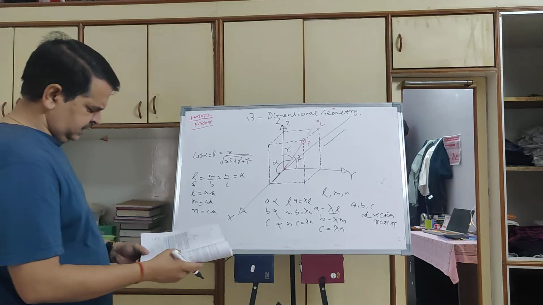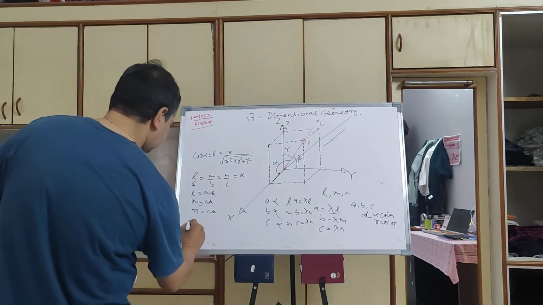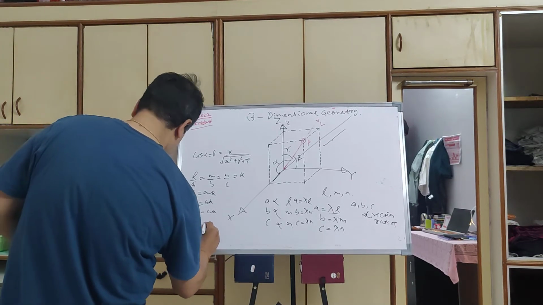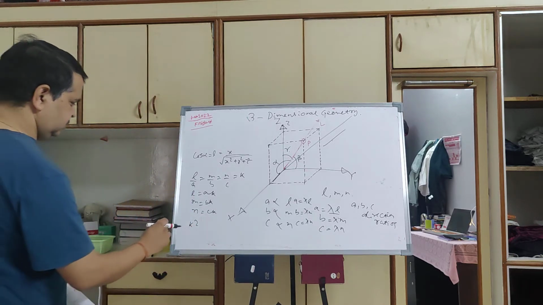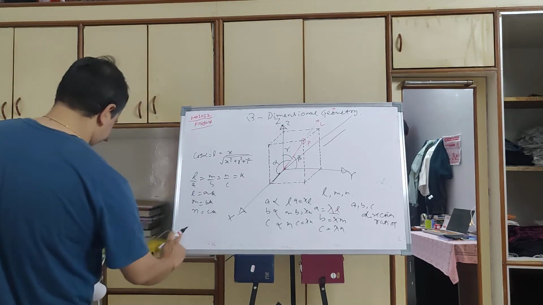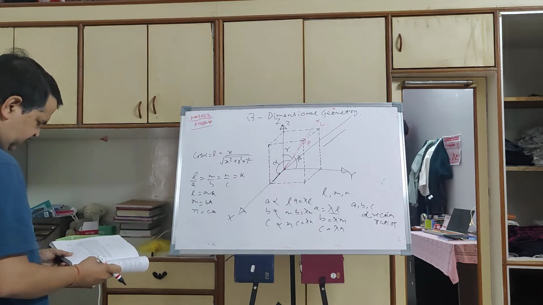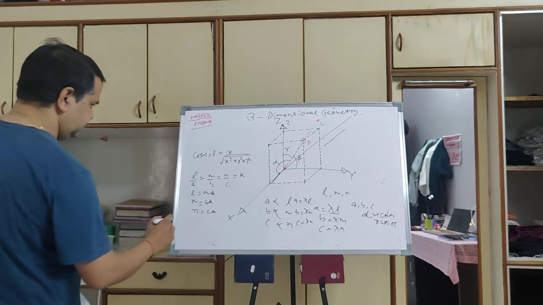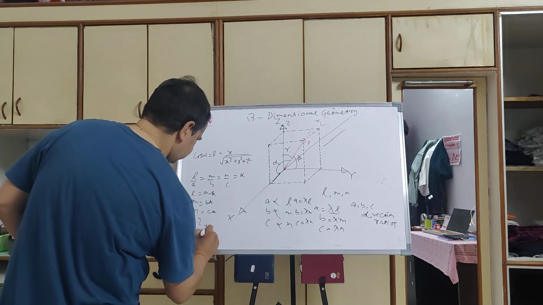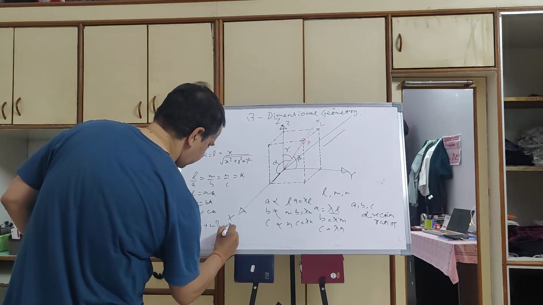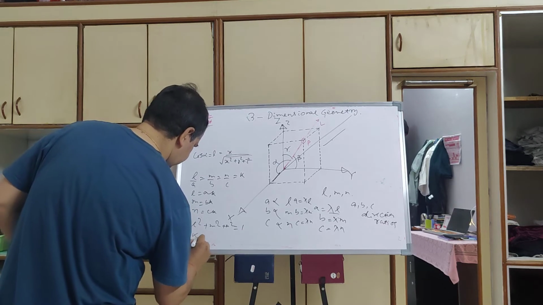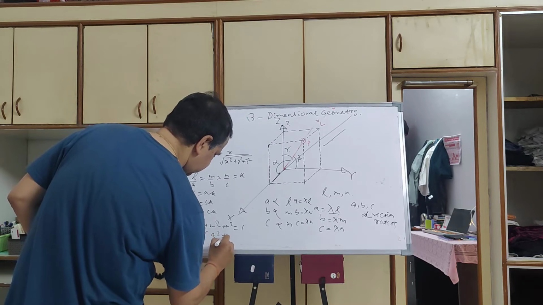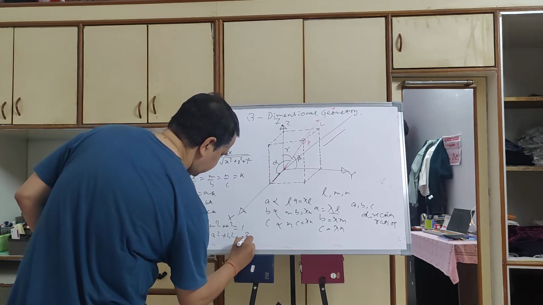So with L equal to AK, it becomes K square A square plus K square B square plus K square C square is equal to 1.